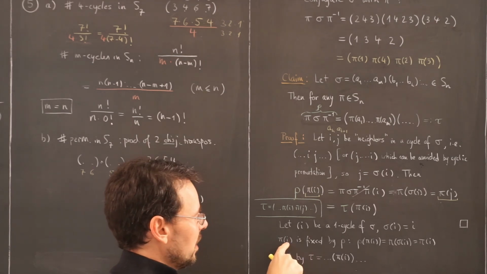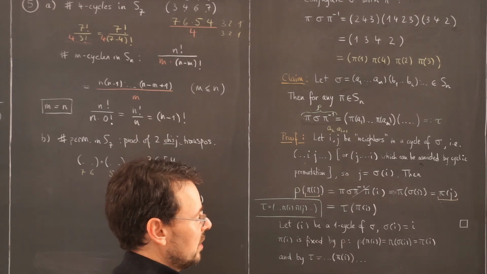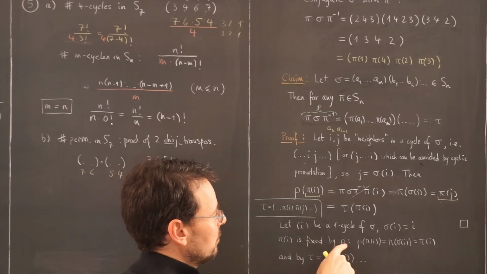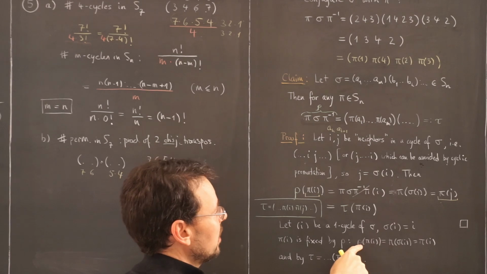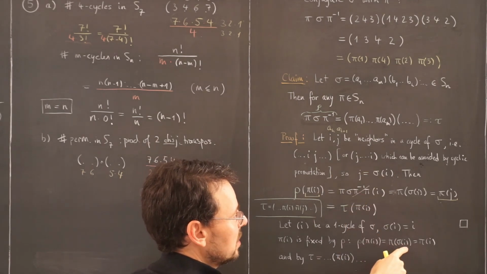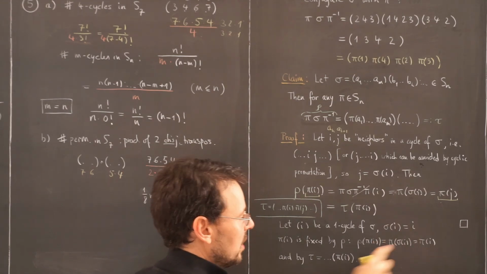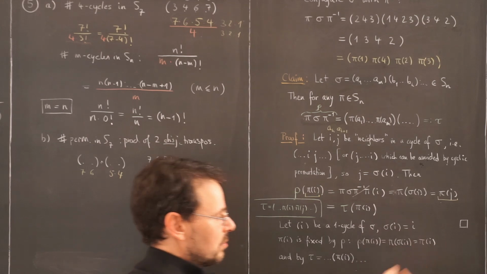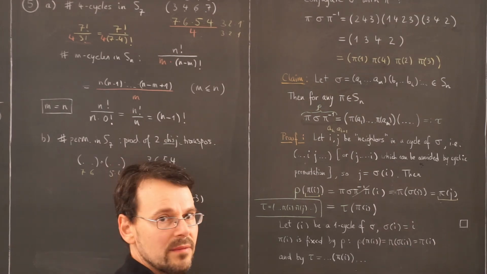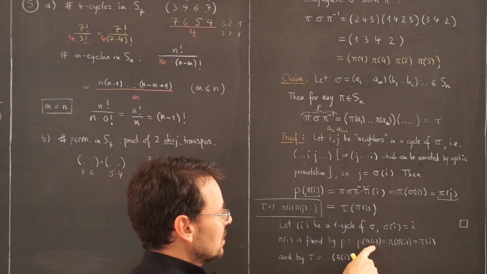So then I claim that pi of I is fixed by rho and by tau. Why? First of all, if I plug in pi of I into rho, by the same argument as here, I end up with pi of sigma of I, like that. But sigma of I is I, so rho simply leaves pi of I where it is. So the left-hand side leaves pi of I fixed.